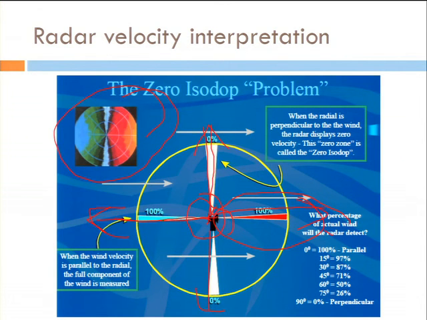Everywhere where you see the warm colors, the wind is blowing away from the radar. And where you see the grayish colors, it basically sees no wind. And basically that tells you that the wind is blowing like that. The easiest way to tell the direction of the wind is to look for the zero wind line. And I'm going to show you that on a different image.